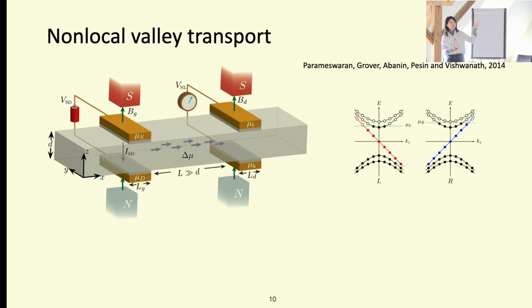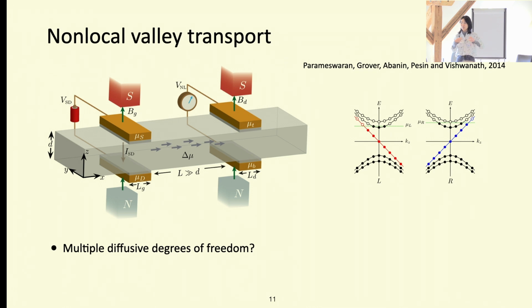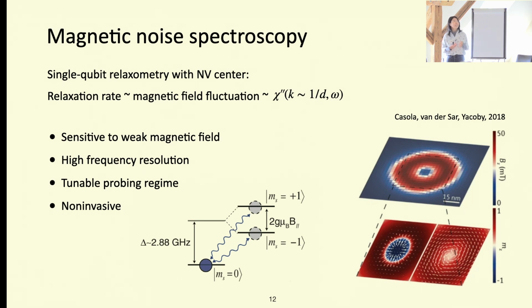But as we've just seen from the last talk, this is also used to study spin diffusion. And when you have both spin and valley diffusion, it is a question how to separate these different contributions. Here, magnetic noise spectroscopy might be a solution for this.